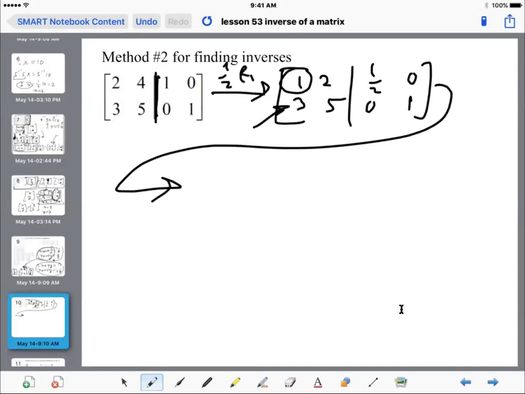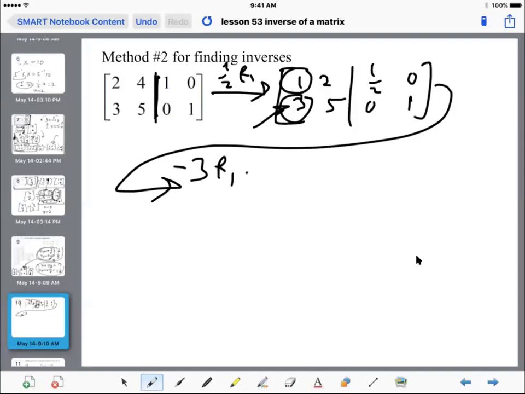Does someone want to tell me what the row operation is that's going to turn this 3 into a 0? This is from the lesson 2 lessons ago, where we did elimination. Yes, minus 3R1 plus R2 goes into R2.